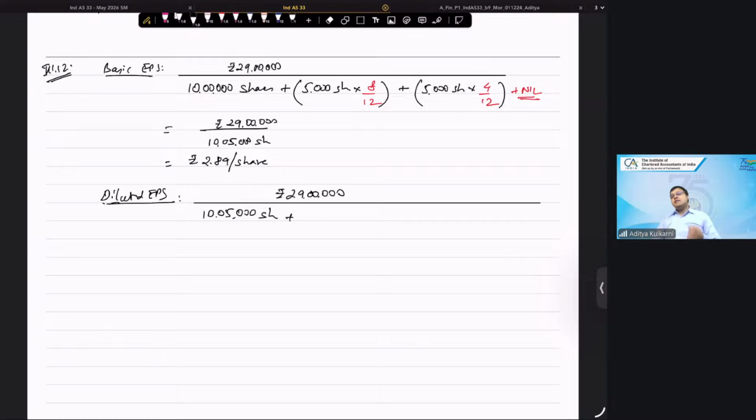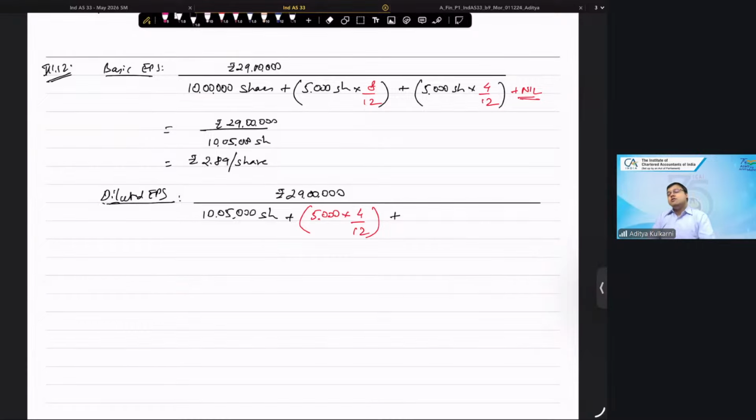Acha, 5,000 shares came into existence on 1st May. Can I say that between January to April they were potential? Yes or no? Yes, sir. So 5,000 into 4 by 12.